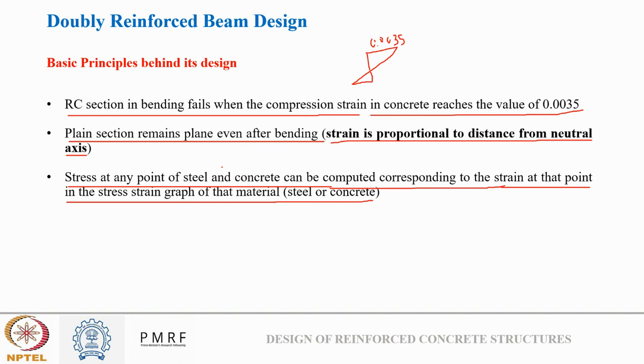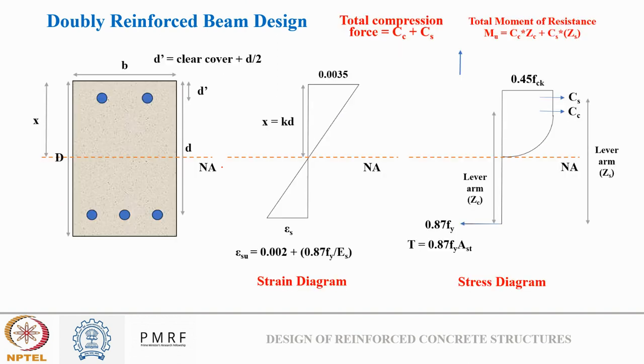Let us understand these considerations by seeing the stress strain diagram of a doubly reinforced beam. Here you can see there is reinforcement at the bottom and also at the top. The strain diagram will remain the same. 0.0035 is the ultimate limit of concrete that we consider here, and the ultimate strain is given by this formula.